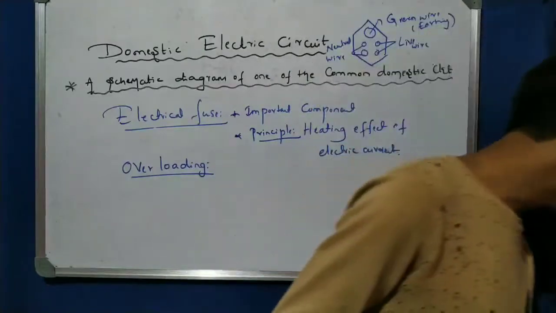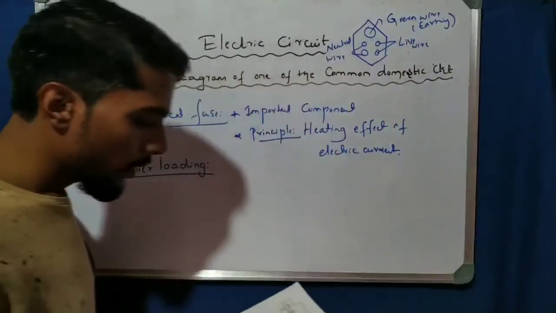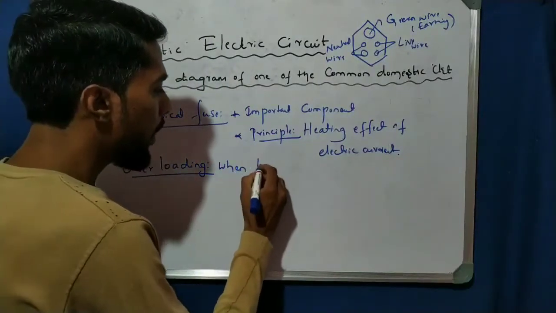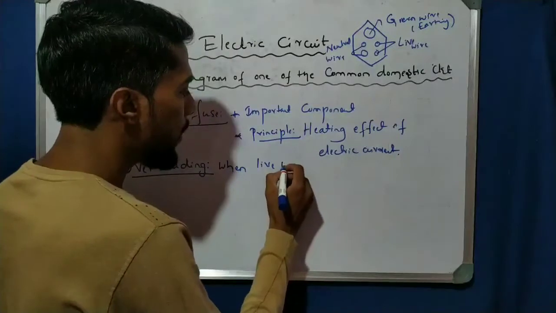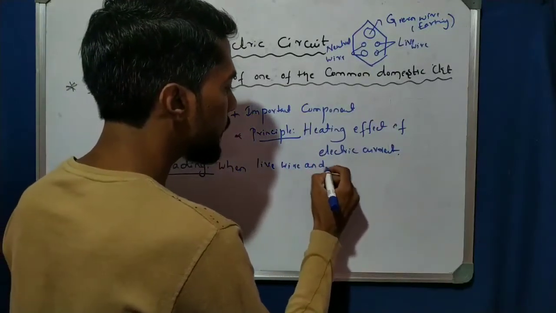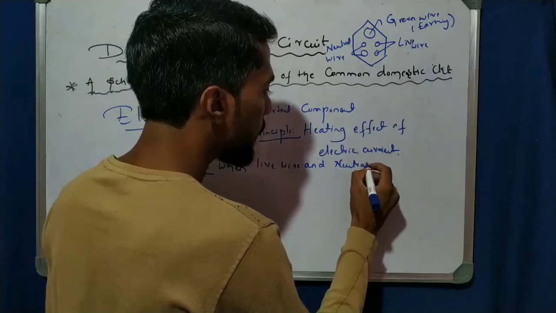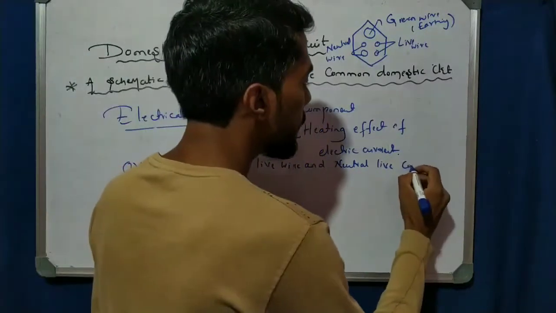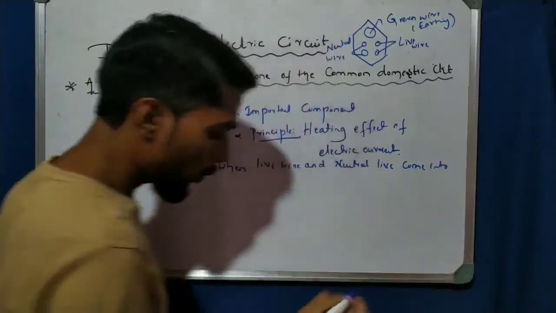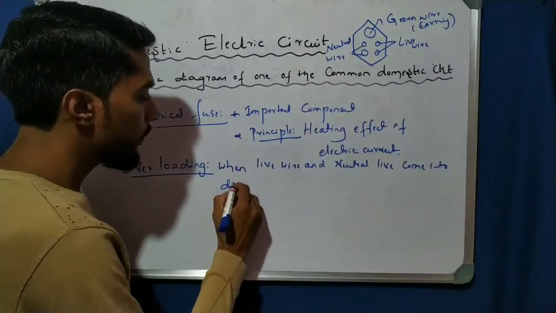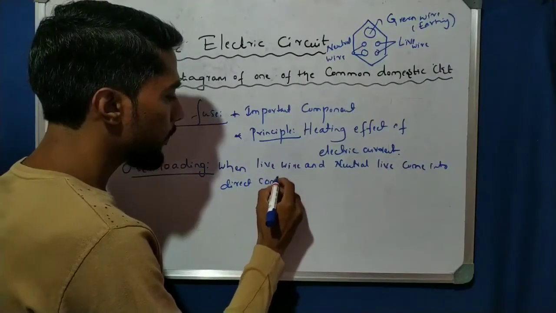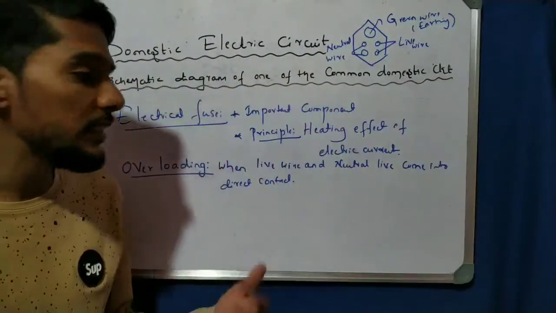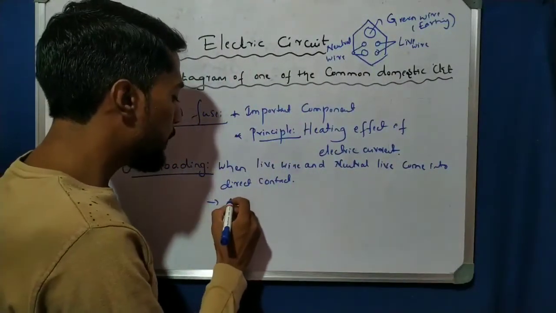Write here: when the live wire and neutral wire come into direct contact, then the overloading takes place. There is a sudden, abrupt increase in the current.